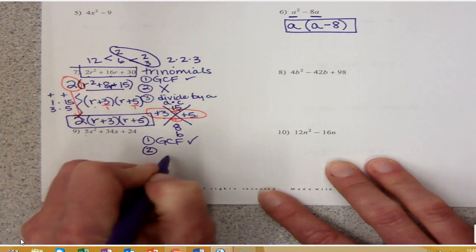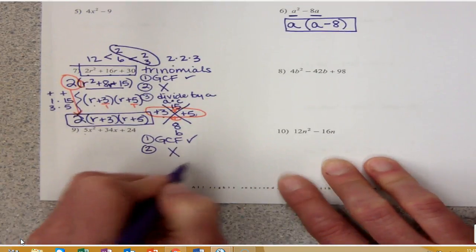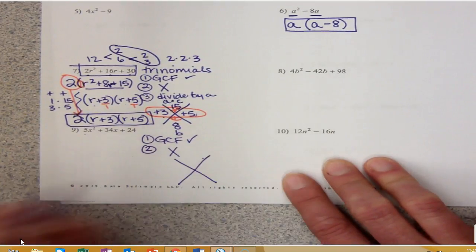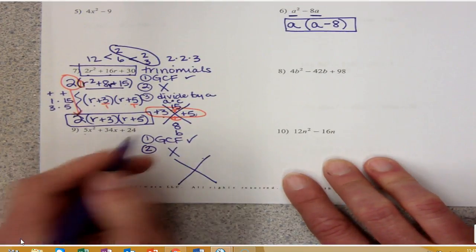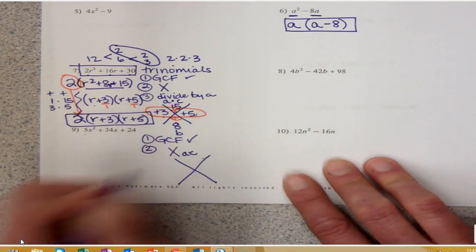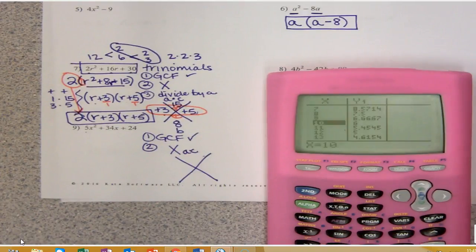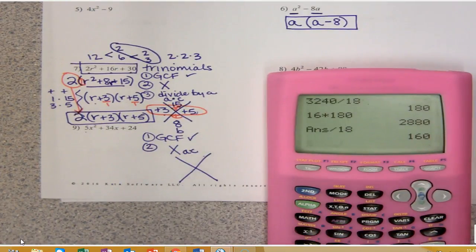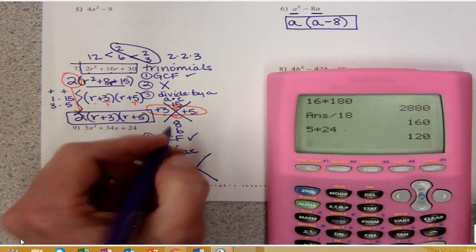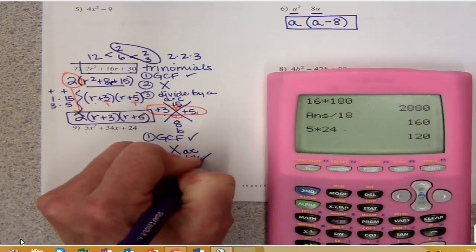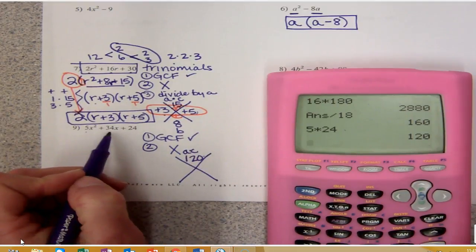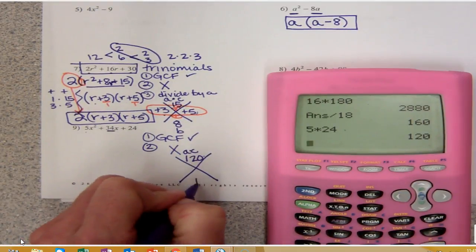Number 2, I'm going to use my x. So 5 times 24 equals 120. My b is 34.